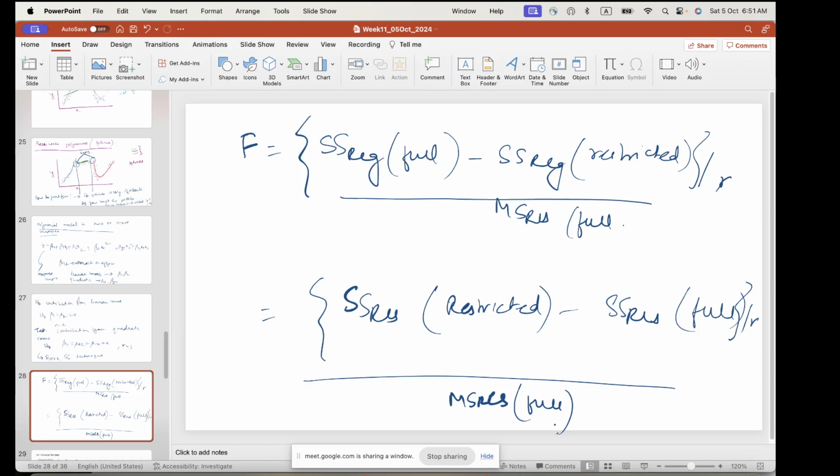This is how we carry out the test of significance for contribution from linear or quadratic terms.